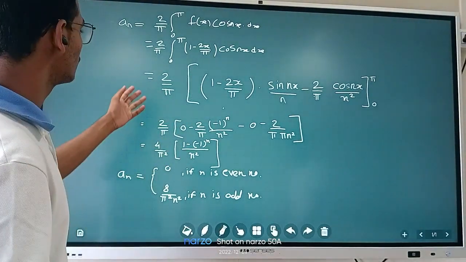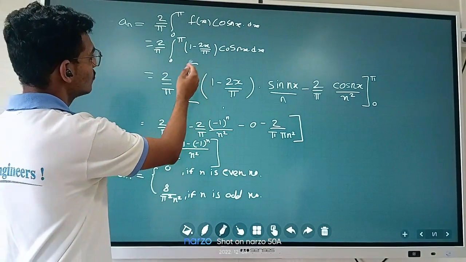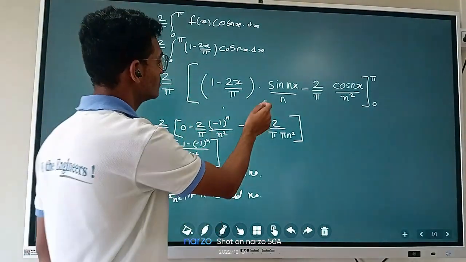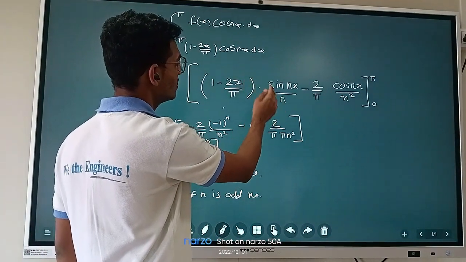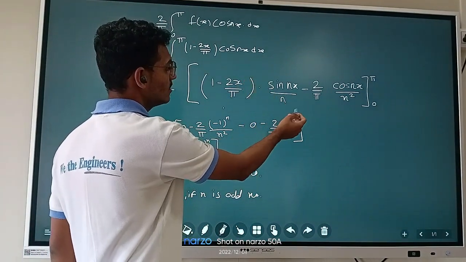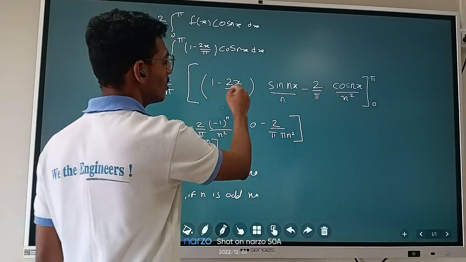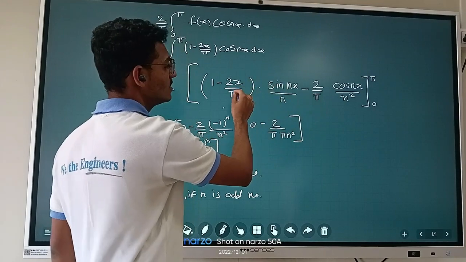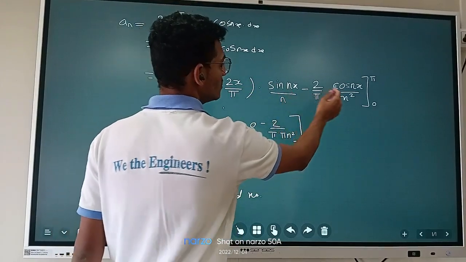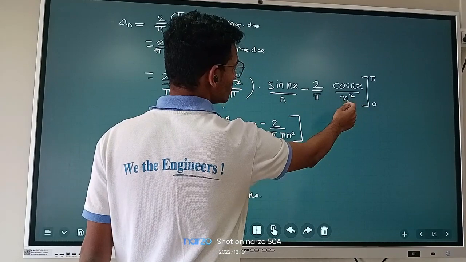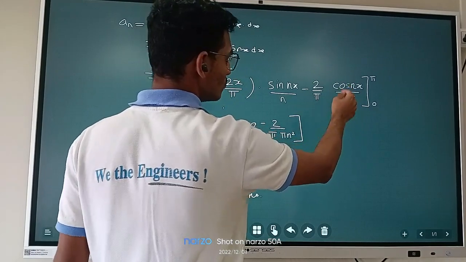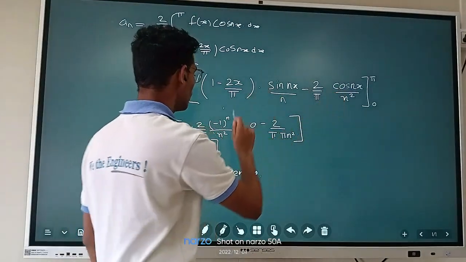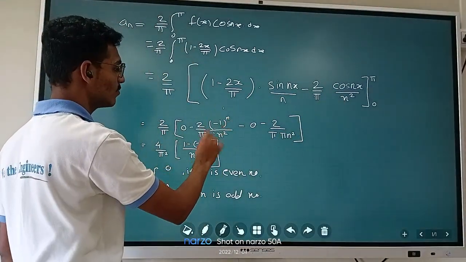So 2 by pi. 1 minus 2x upon pi remains as it is, and the integration of cos nx dx is sin nx upon n. The derivative of 1 minus 2x by pi is minus 2 by pi, and the integration of sin nx upon n is minus cos nx upon n square. Then in the bracket from 0 to pi, put the upper limit pi: cos n pi has the value minus 1 raised to n upon n square.